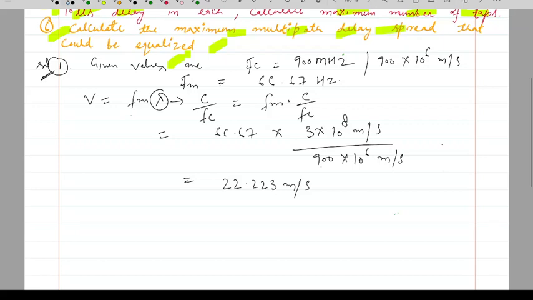As we all know, the speed of any object is usually in kilometer per hour. So we will convert this from meter per second into kilometer per hour.